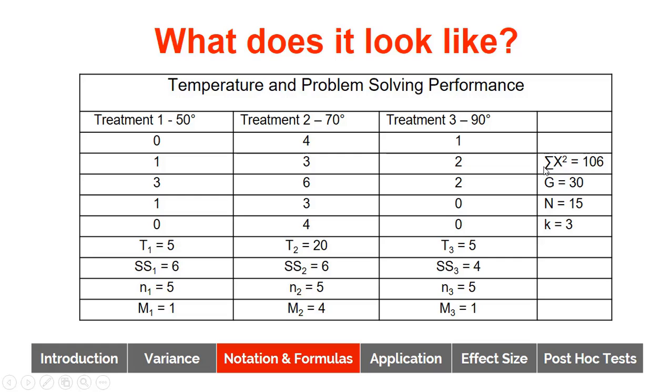And to use the computational formula, we do need this sum of every score squared. So that's there just because we need it. We have the G, which is that grand total of adding up all the treatments together. The N is adding up all the smaller n's together to come up with the big N of 15. And remember, K is the number of our conditions, 1, 2, 3, 3 groups.